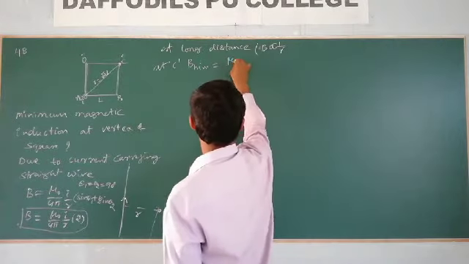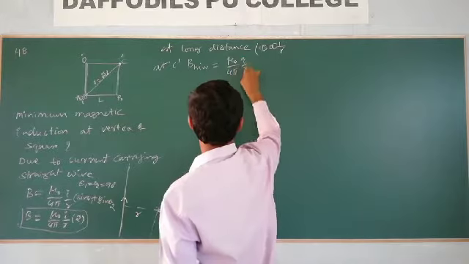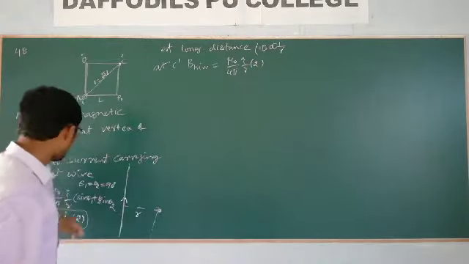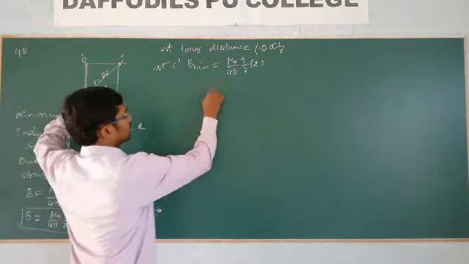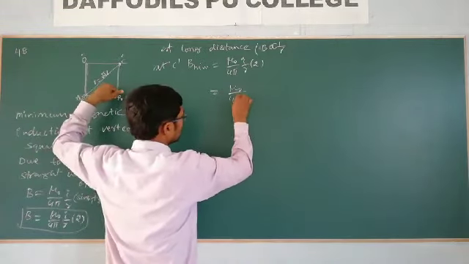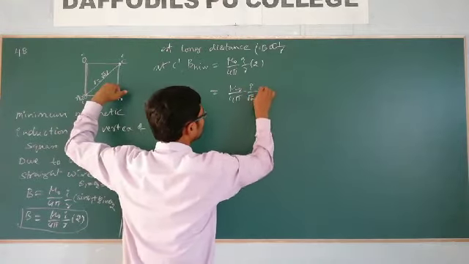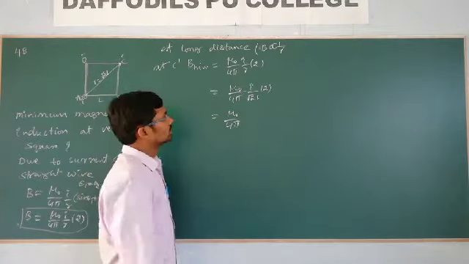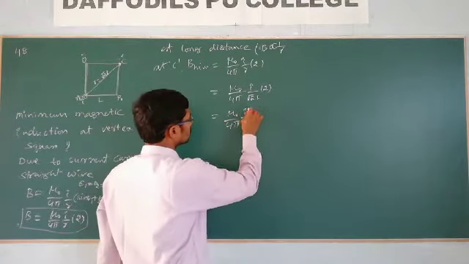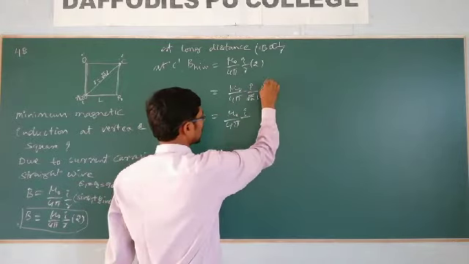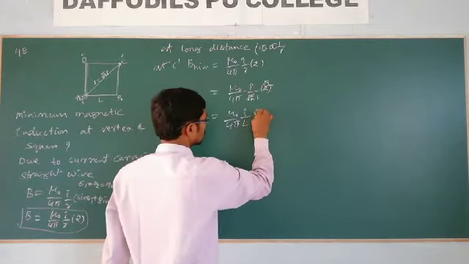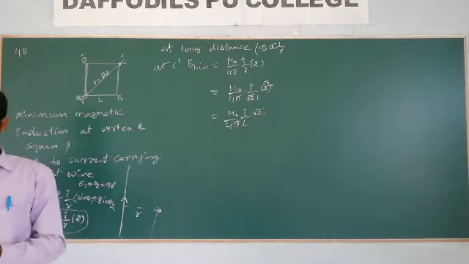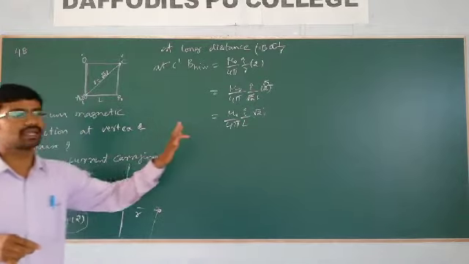That is equal to mu naught by 4 pi I by r into 2, where r is root 2 L. So mu naught by 4 pi I by root 2 L into 2, which is mu naught by 4 pi root 2 I by L. That is the second option, mu naught by 4 pi root 2 I by a.